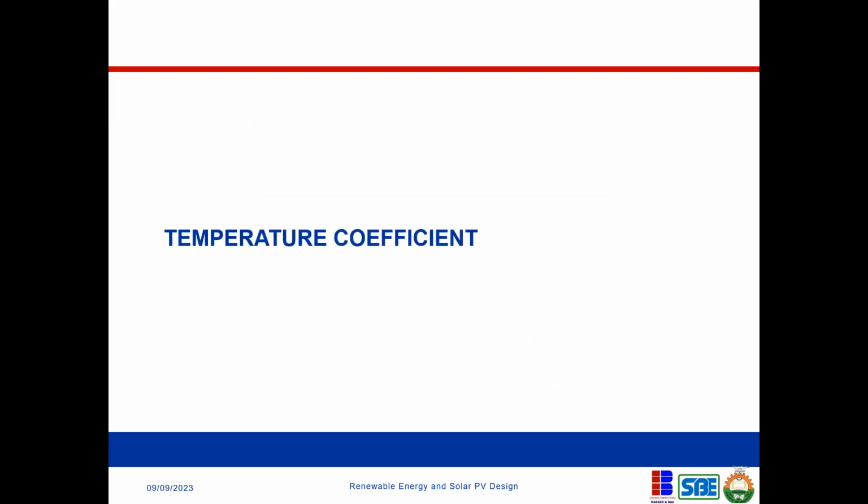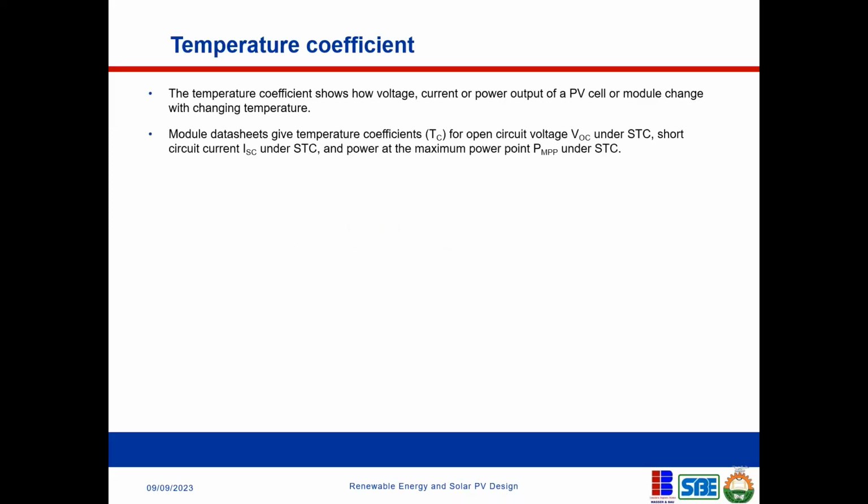Let us look at temperature coefficient. Now, I told us that temperature affects the output of your PV in terms of voltage. It affects your voltage, and once your voltage drops, it reduces the power output. So the temperature coefficient shows how voltage or current, or power output of a PV cell or module changes with changing temperature.